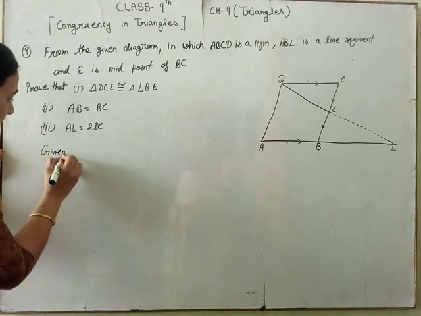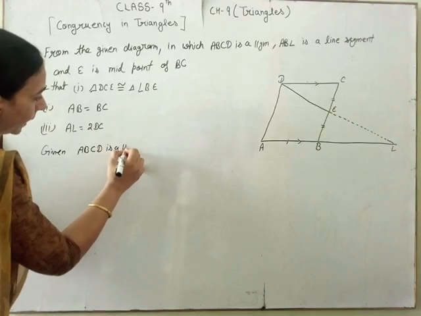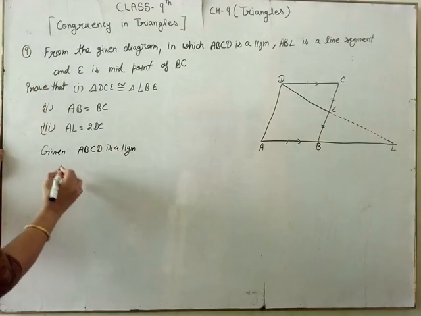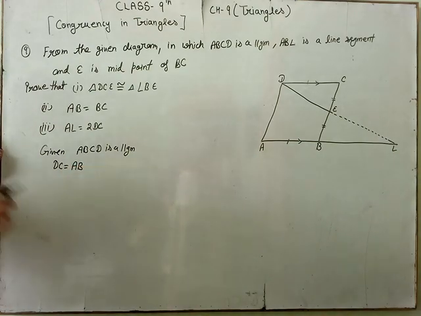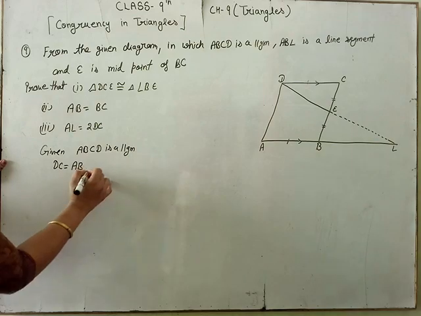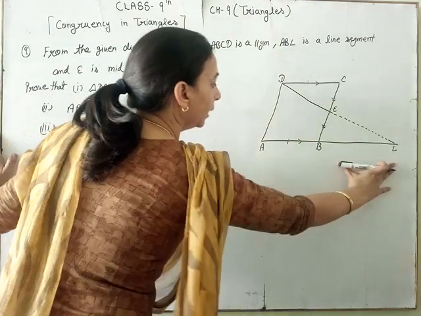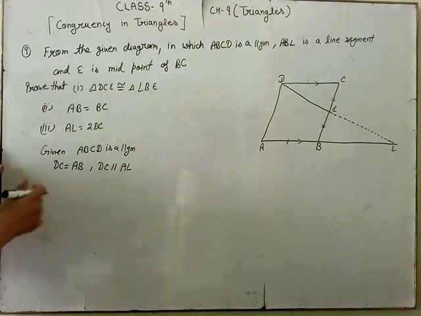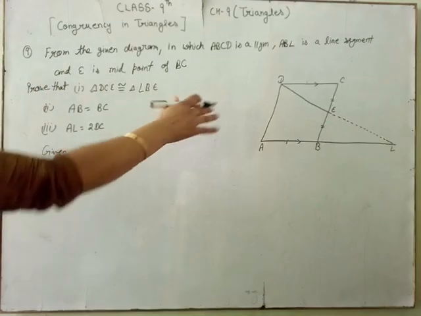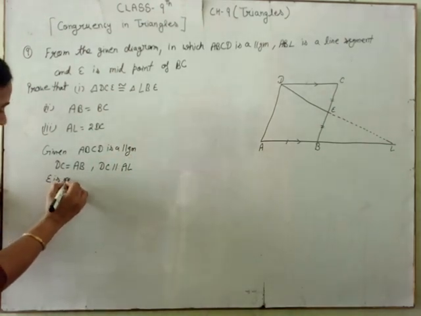Given: ABCD is a parallelogram, then DC equals AB because opposite sides of a parallelogram are equal. Next, DC is parallel to AB and this is parallel to AL. And we have to show that E is also the midpoint in the given things. E is a midpoint.